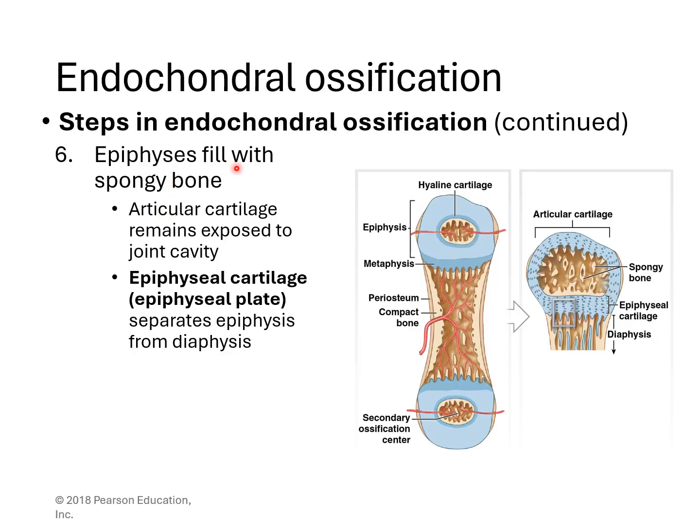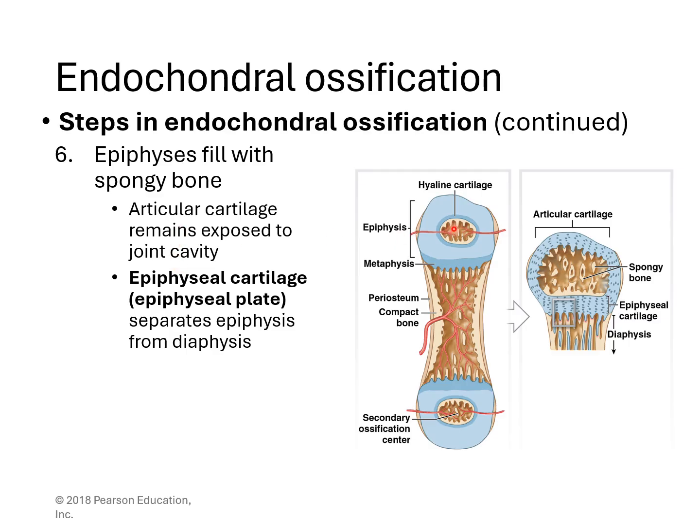The epiphyses start to fill with the spongy bone, and then on the surface of this, articular cartilage remains exposed to the joint cavity. That's why you have periosteum along the entire bone, but you have articular cartilage at the ends of the bone, so when the bones meet other bones in joints, you have articular cartilage.